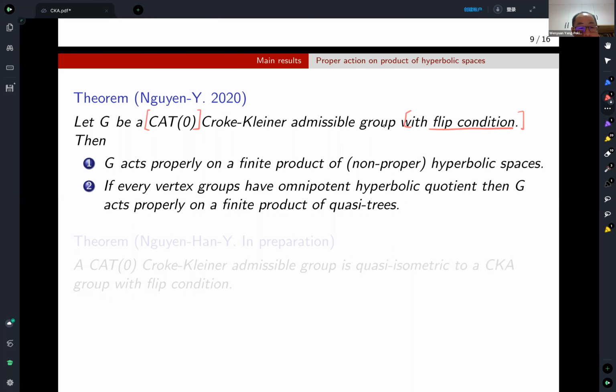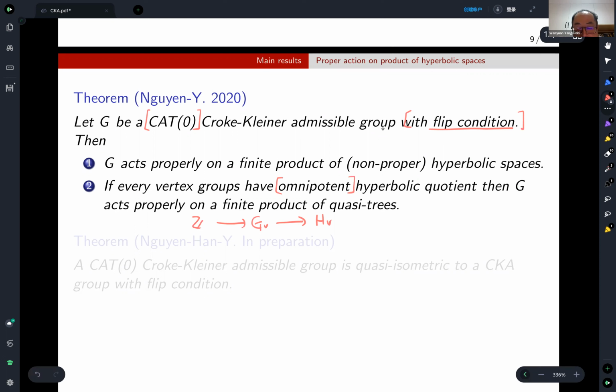Moreover, if every vertex group has an omnipotent hyperbolic quotient, because each vertex group has this central extension, so here we assume the hyperbolic quotient should be omnipotent.